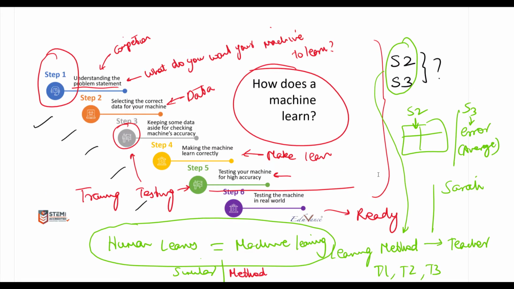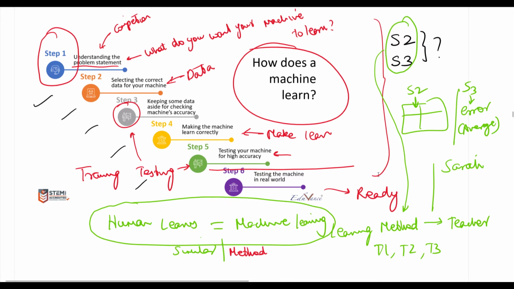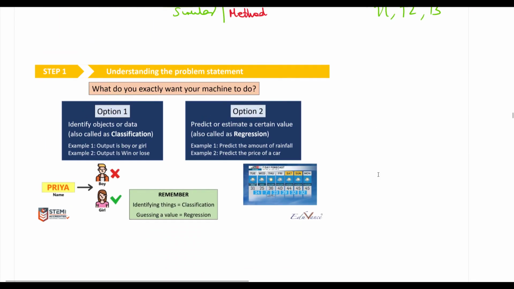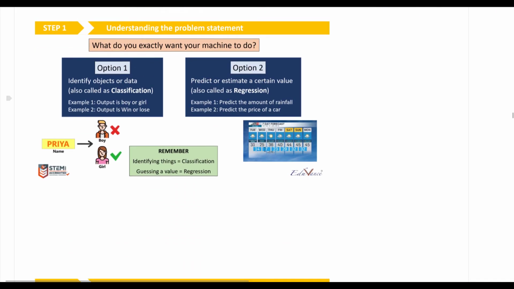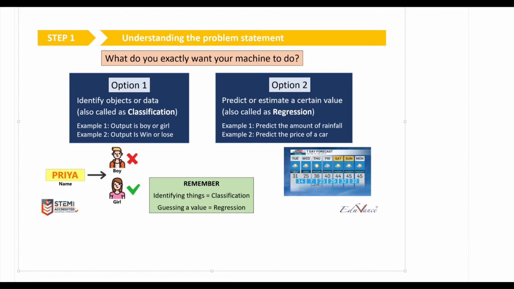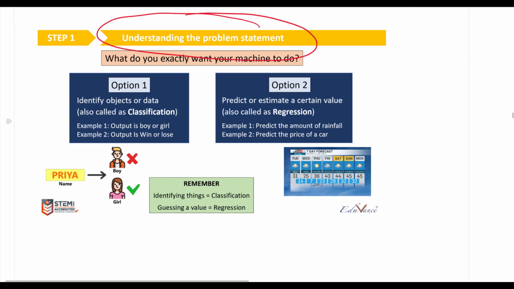So now that we have understood that machine learning follows a similar process like how a human learns, let us go ahead and see how we will follow these 5 steps. The first and most important step here is you need to understand the problem statement, which means that are you doing a classification or are you doing a regression?